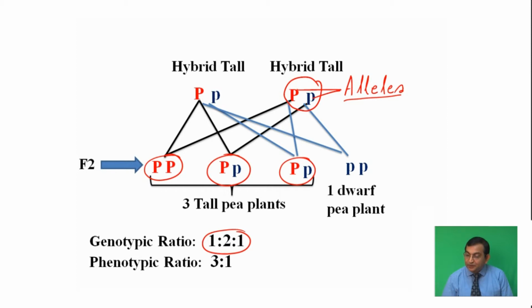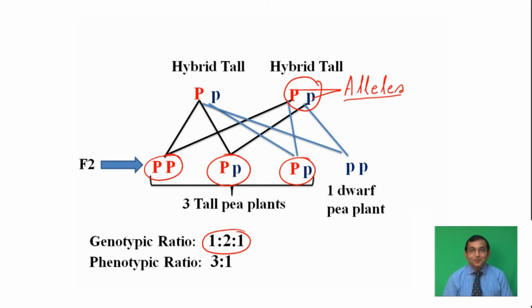So the main inference from this cross is that alleles segregate, and he concluded the law of segregation, that is, alleles segregate and their individual effects are never diluted. Each allele maintains its own identity.